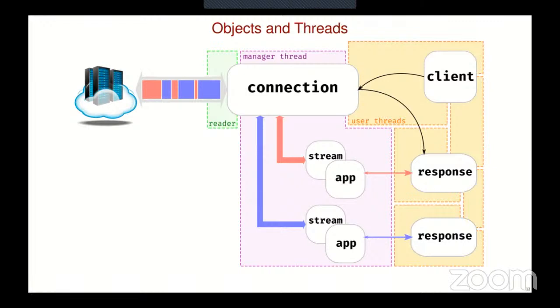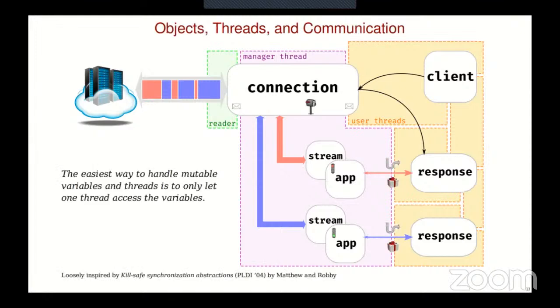You see the client and response objects are in this sea of user threads, maybe one, maybe many, maybe the objects are accessed by multiple threads simultaneously. The user thread world is scary, and the goal of this library is to protect the connection implementation from the user threads as much as possible. So it creates two threads of its own that handle almost all of the work that the connection does, the manager thread and the reader thread.